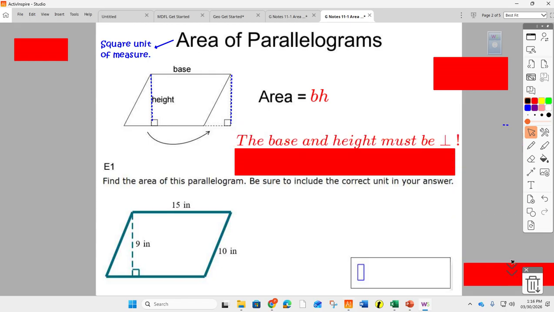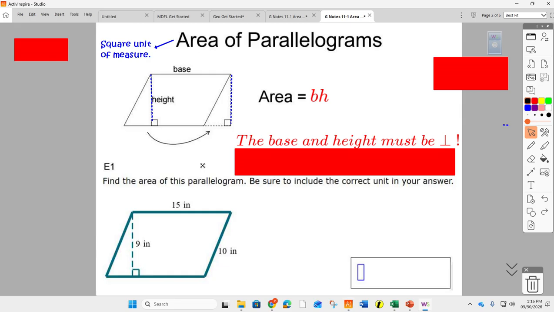The base and height must be perpendicular. Remember, perpendicular means they form a right angle.